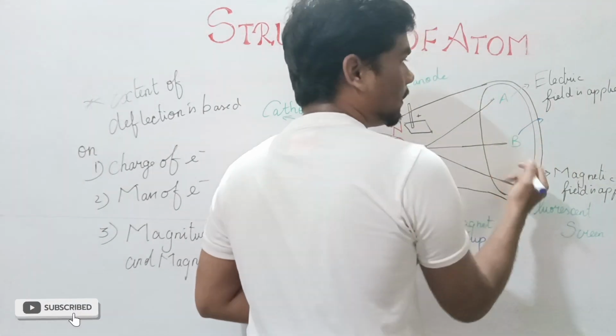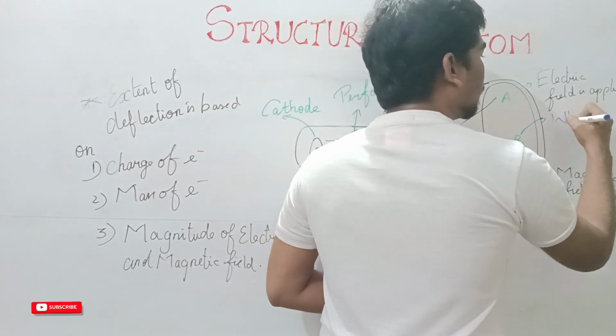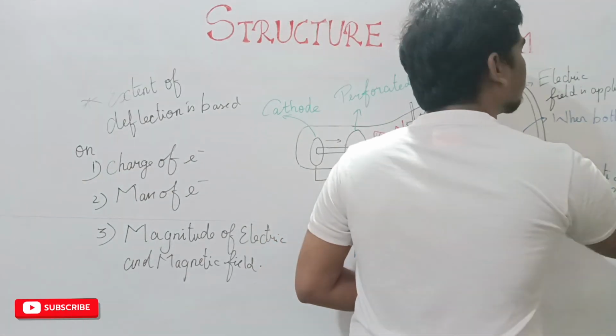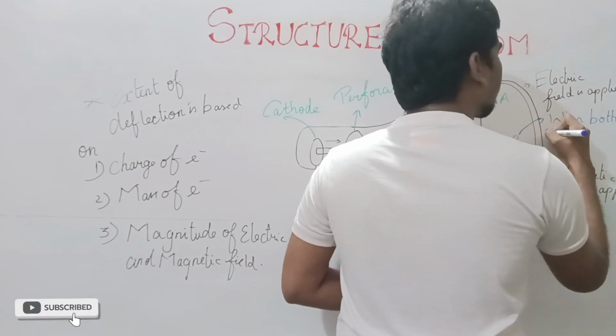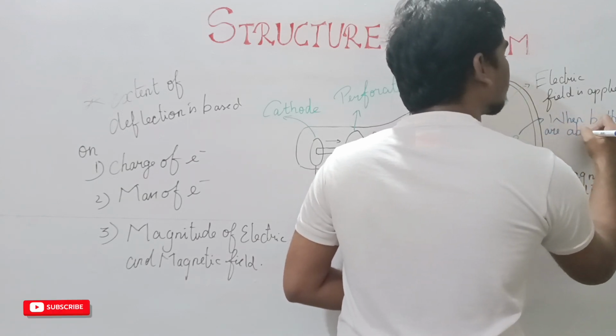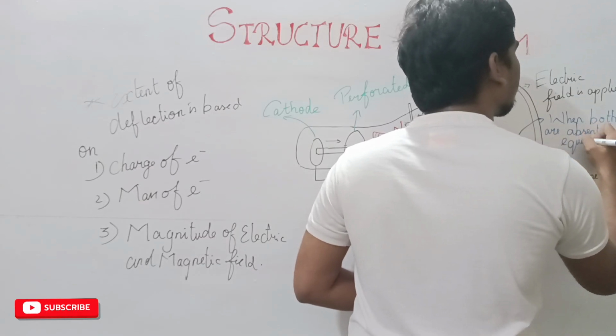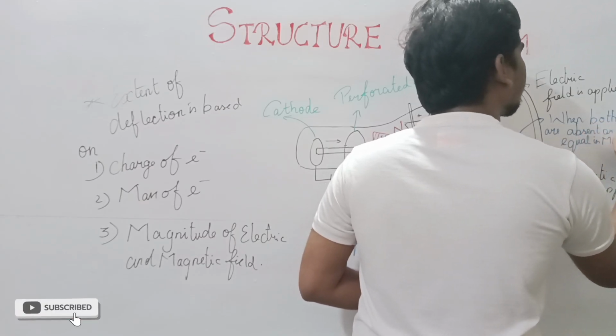They hit the point B when both fields are absent or equal in magnitude.